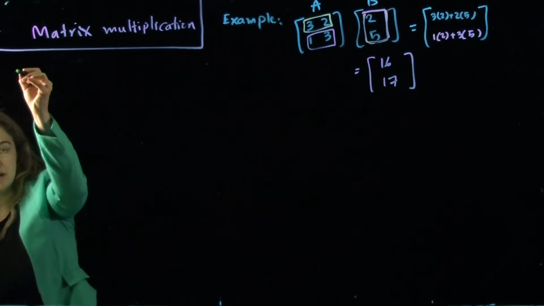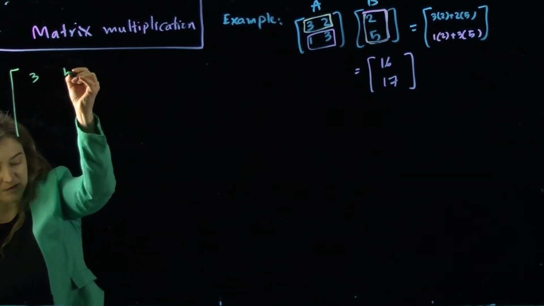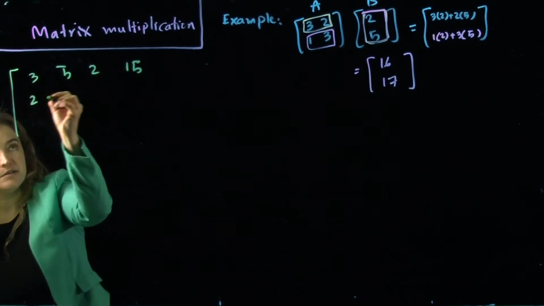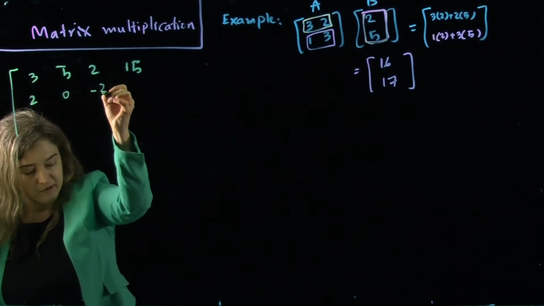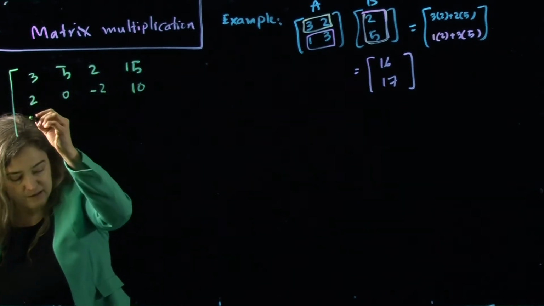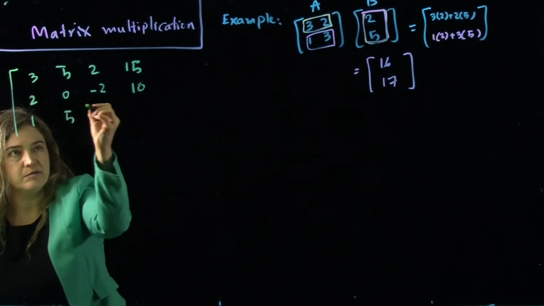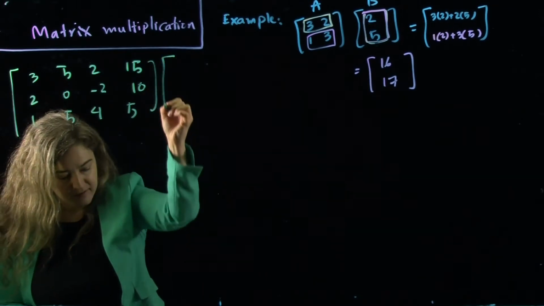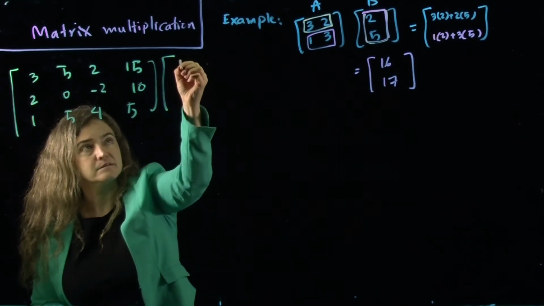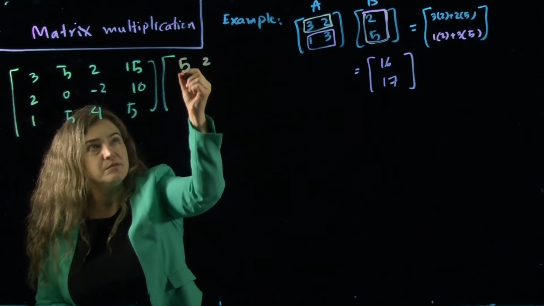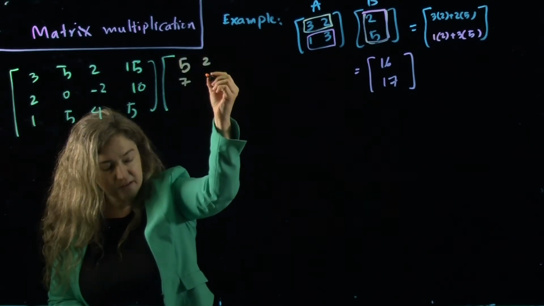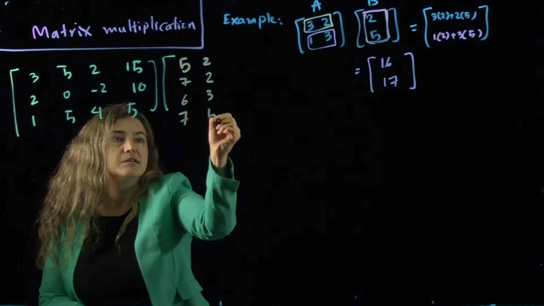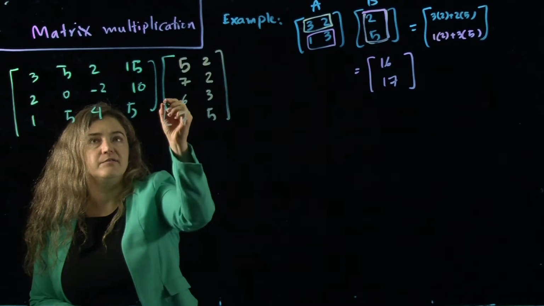Let's try to multiply 3, 5, 2, 15, 2, 0, negative 2, 10, 1, 5, 4, by 5, 5, 2, 7, 2, 6, 3, 7, 5.